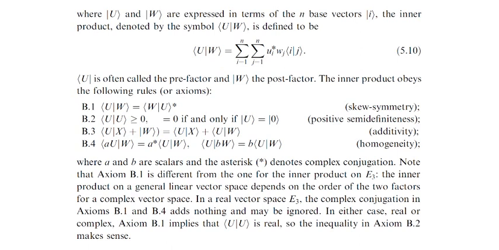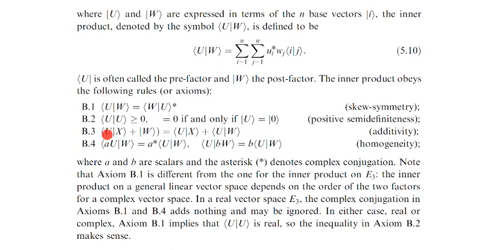The inner product obeys certain rules or axioms. We'll go through them one by one. The scalar product of u with w is the conjugate of the scalar product of w with u. The scalar product of u with u is greater than or equal to 0, and it is equal to 0 if and only if u is a null vector.